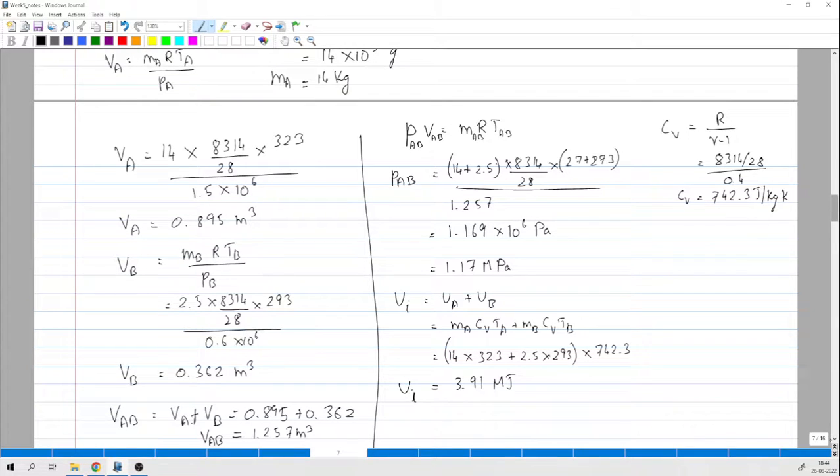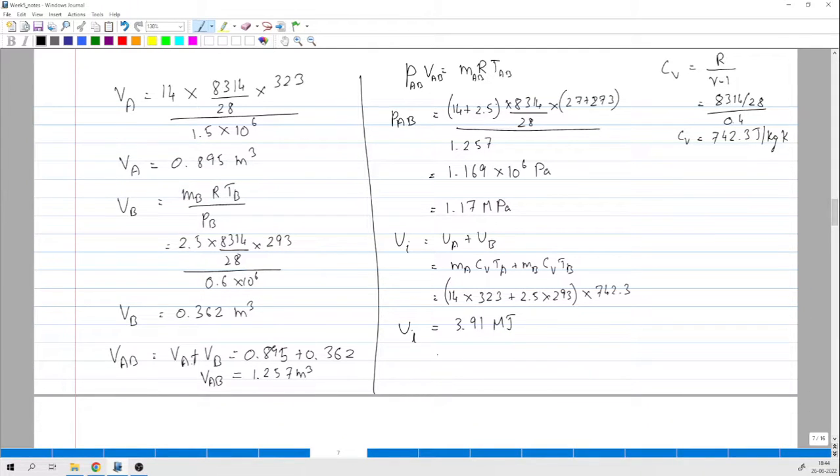To calculate the final internal energy, UF is UAB, which is mass of AB, CV into TAB. Mass of AB is 14 plus 2.5, into CV, which is 742.3, into TAB, which is 27 degrees Celsius, which is 300 Kelvin.